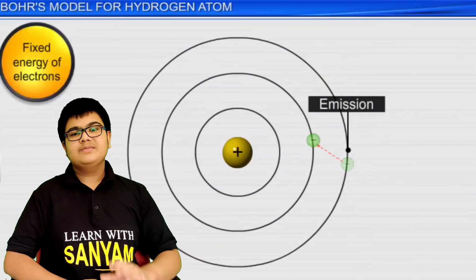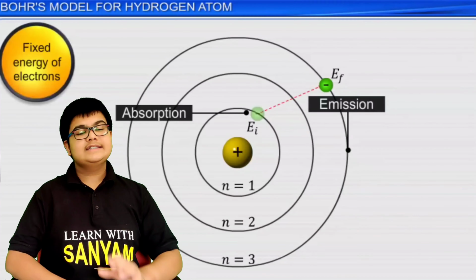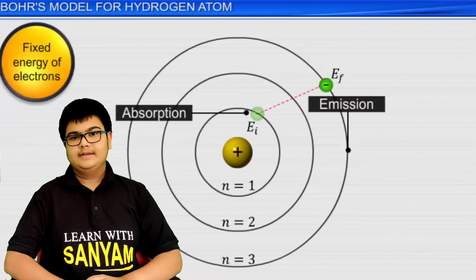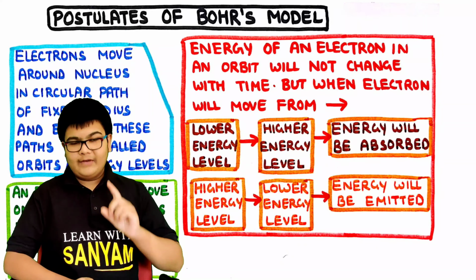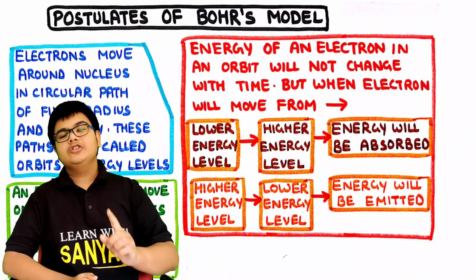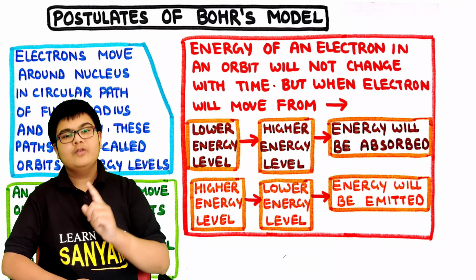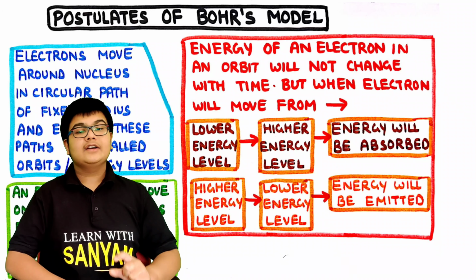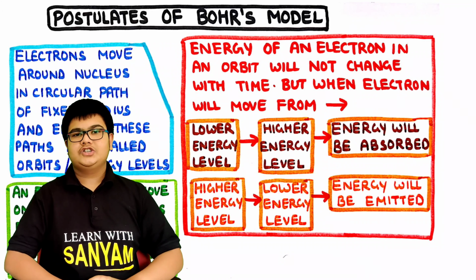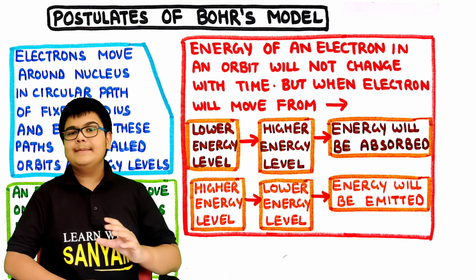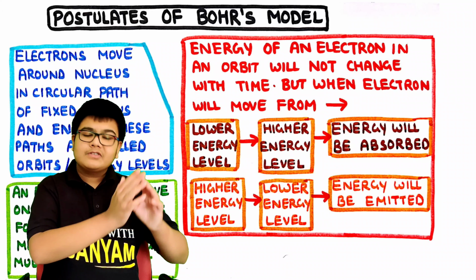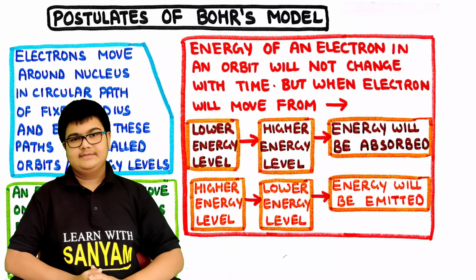So basically in this way, he successfully explained the stability of atom. He explained why an atom will not fall into the nucleus. This is because while moving in a certain orbit, the electron does not emit any energy. It only emits or absorbs energy when it shifts from one orbit to another.